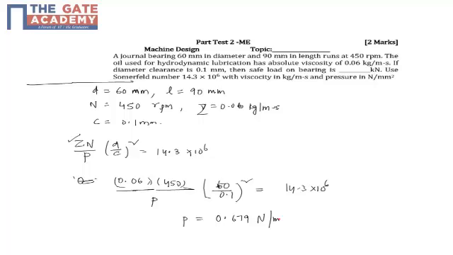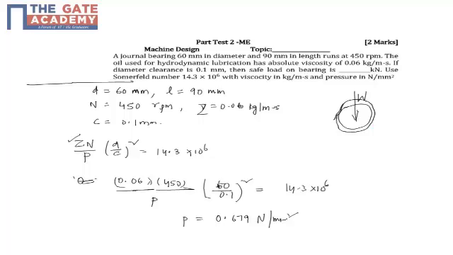Newton per mm square. Now remember how pressure is defined in a journal bearing. We assume that you have this load W, and whatever clearance you have, on one side it forms a wedge.